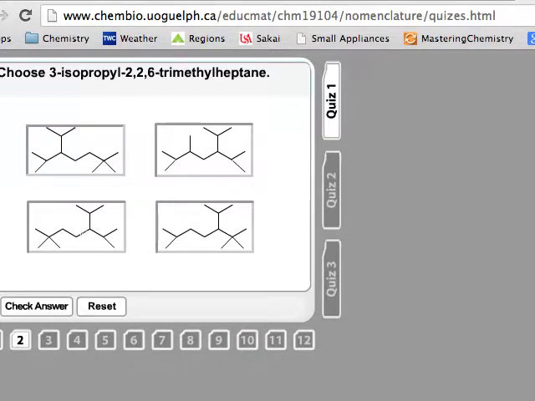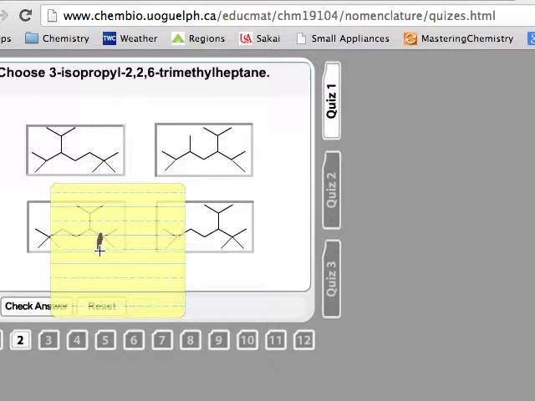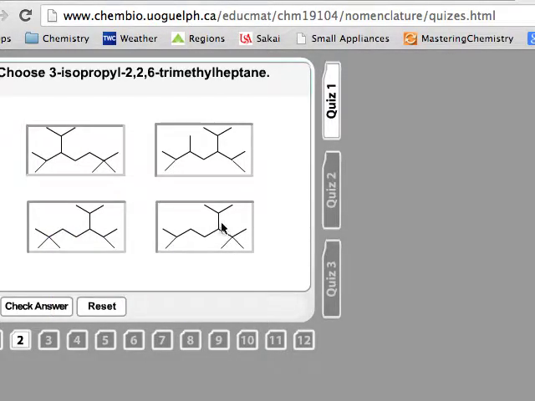Let's come down here. 1, 2, 3. Again, you don't have the second methyl group that you need. So here we go. 1, 2, so 2,2-dimethyl, 3-isopropyl, 4, 5, 6 methyl, again 7, my 7th carbon. So this is my answer.